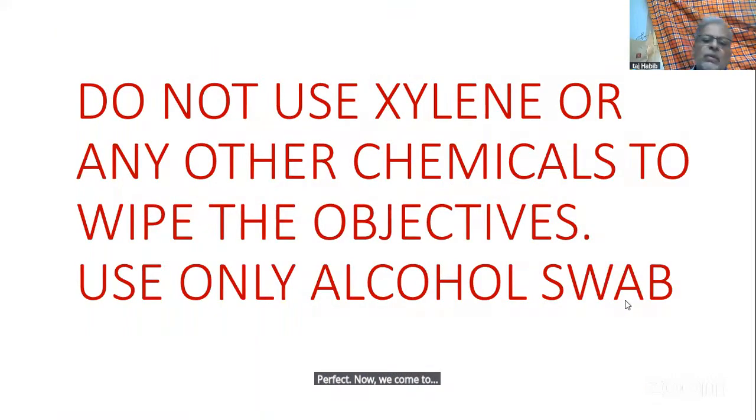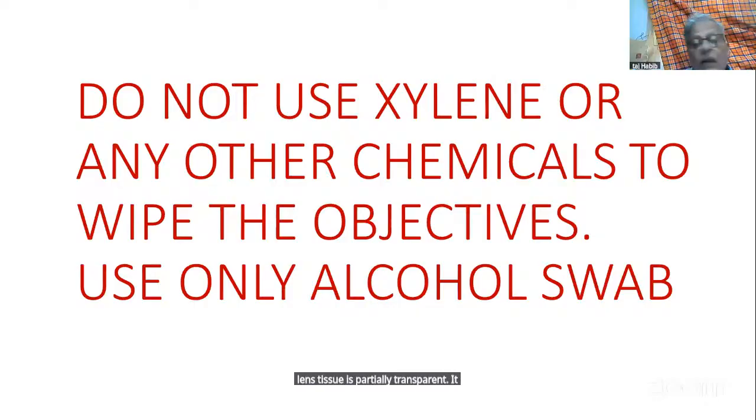Now we come to lens tissue. Lens tissue, you got to be careful again. If somebody is selling you a stapled booklet, white in color, it looks like toilet paper, it is toilet paper. Lens tissue is partially transparent.